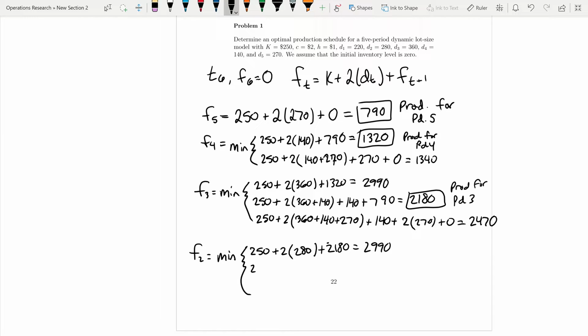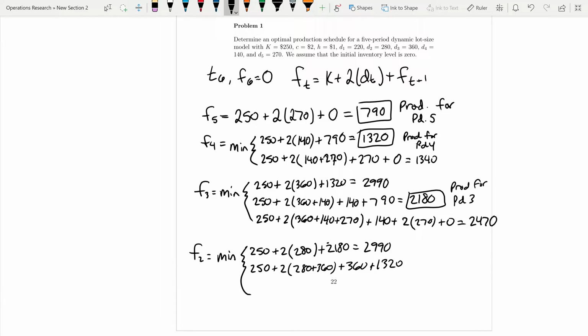Or we could produce for periods 2 and 3, which would be 250 plus 2 times 280 plus 360 for the 2 demands there. Add that 360 on at the end, and then take F sub 4, which would be 1320.